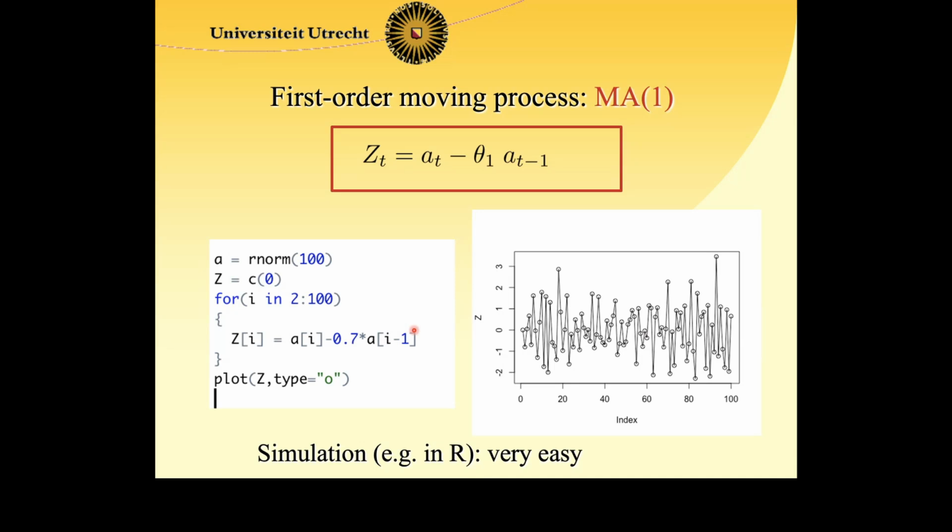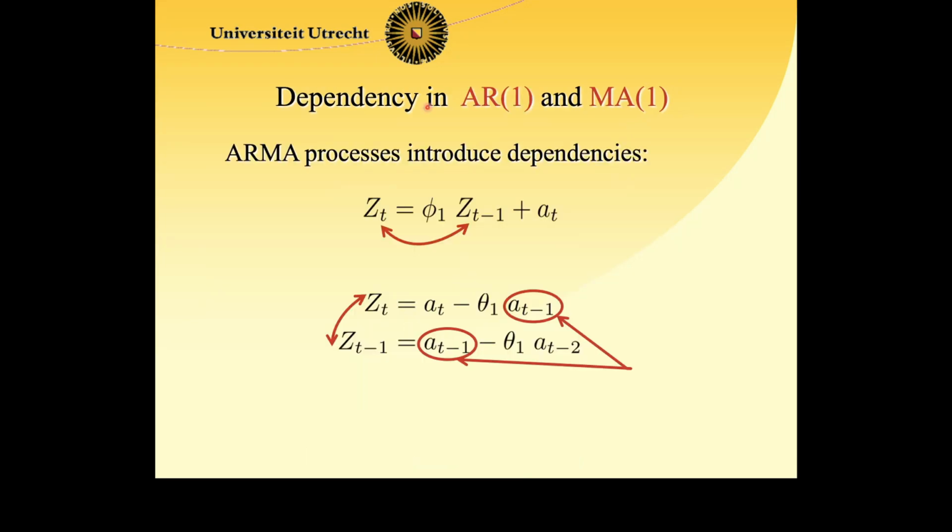Now, first of all, you see these models are unidirectional. So ZT depends on what happens at the previous time step, either the noise in the previous time step or the value of Z itself in the previous time step, and that creates dependency. And you can see it like this. In an autoregressive process, the dependency is because part of ZT depends on the value of Z at the previous time step.